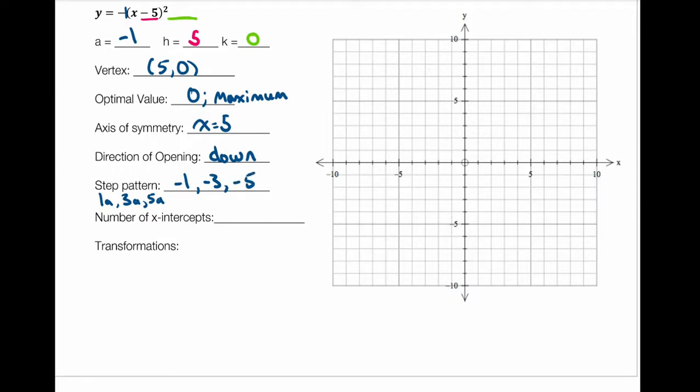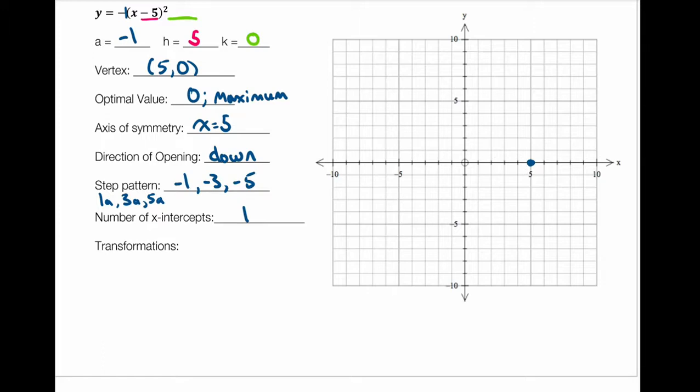For the number of x-intercepts, in order to do this, I'm going to plot my vertex to see where it lands. So it lands at 5 and 0, right here. And I know it opens down, so it's going to look something like this. The number of times my quadratic is going to cross or touch the x-axis is only going to be once at that vertex.